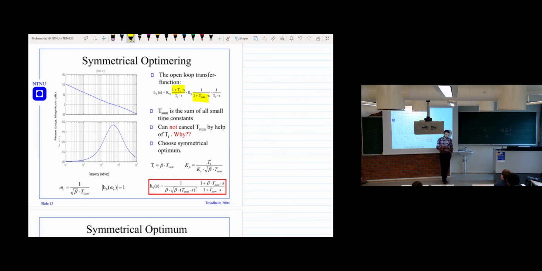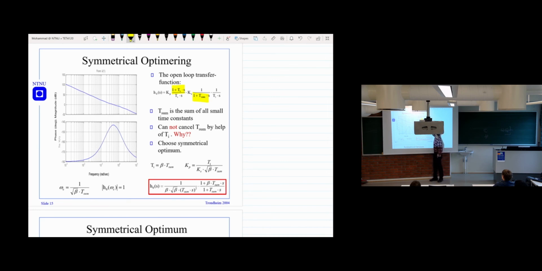If you have two integrators, 1 over s square, this means it's giving you minus 180 degree phase margin. This means it would always operate at this minus 180 degree at the critical point. So the system will be unstable, and we don't want that. Therefore, we cannot cancel this with that one.